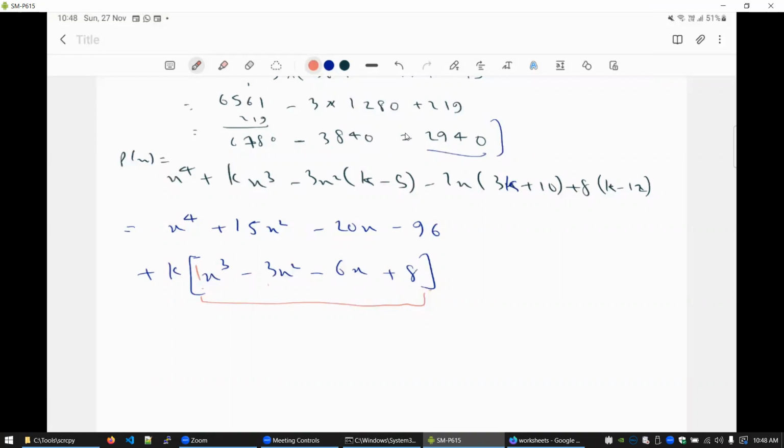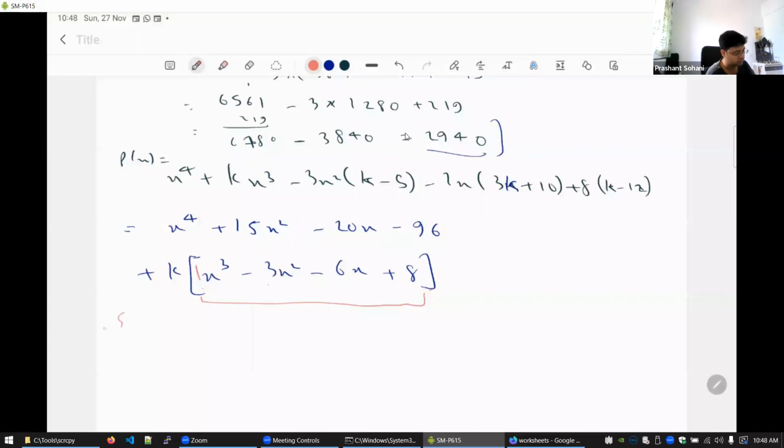So what are the factors? 1 being a root, x minus 1 will be one factor.